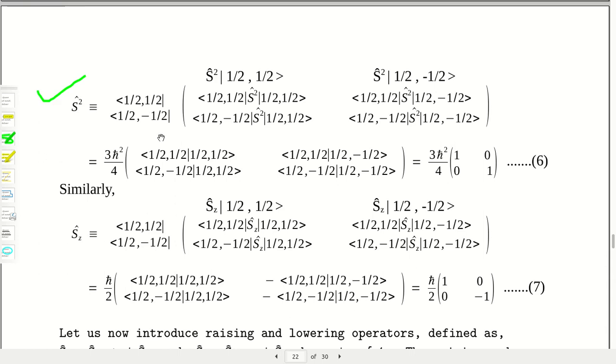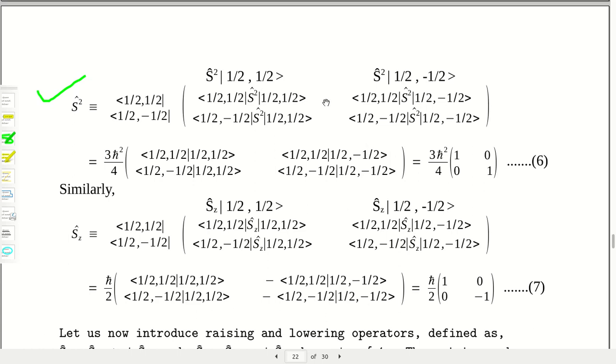So following the same procedure of producing the matrix, the bra half half and bra half minus half is written, and similarly ket half half and ket half minus half operated by the A squared operator is written here. So what will be the result? The result will be the 4 terms in a 2 cross 2 matrix.